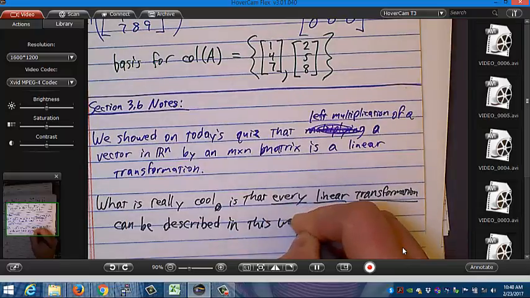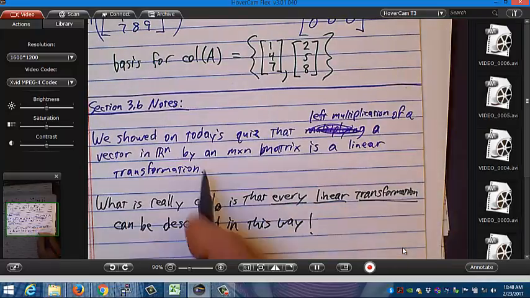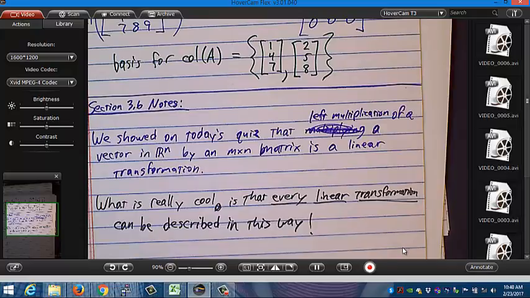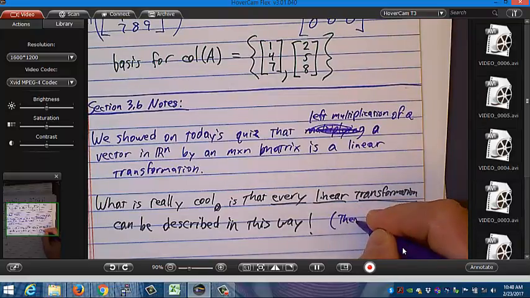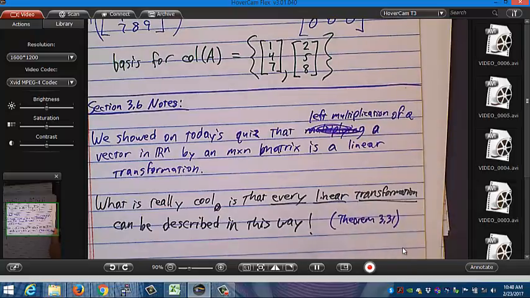What way? Well, as a matrix. So basically, that's the point of theorem 3.31 in your book. And when you say the standard matrix, Mitchell, that's what they're talking about.